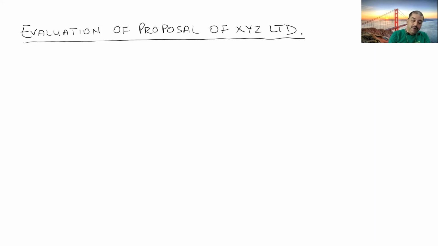Differential sales or incremental sales, you can say. 4,000 units are being sold for 28 rupees per unit. Offer price is 28 rupees. So that comes to 1,12,000. No?